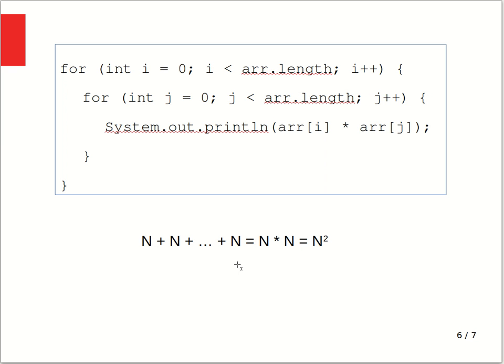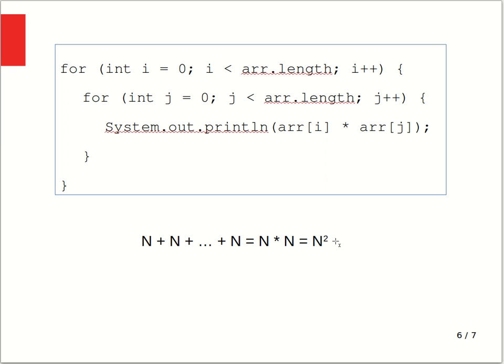And now the total amount of work is n multiplied with n. That's n squared, right? So now it's not O(n) anymore, because the number that you are multiplying with the size of the problem is actually the size of the problem.